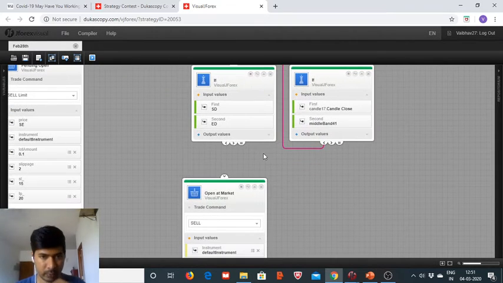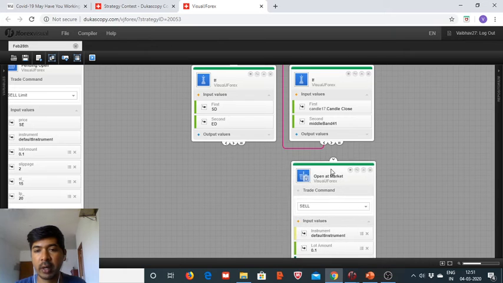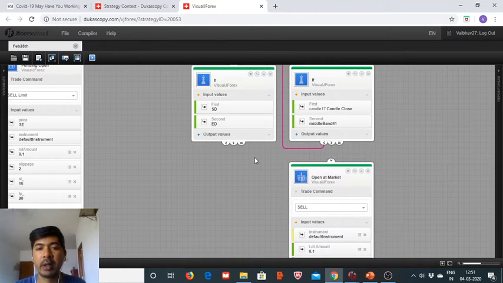And suppose the sell difference is less than the execution difference, that is the difference between last tick price and the middle band is less than 10 pips, then the order will be executed at market, and this is the open at market condition.